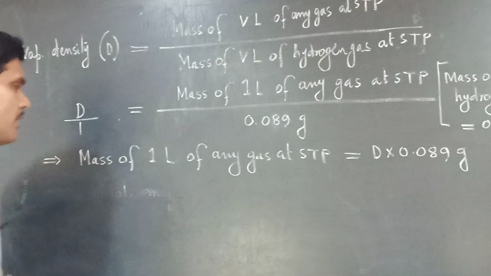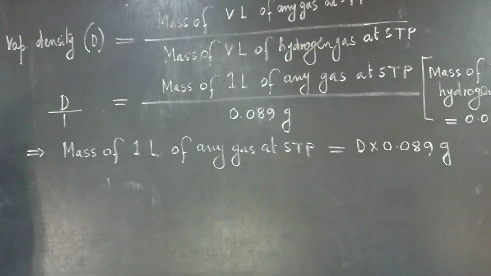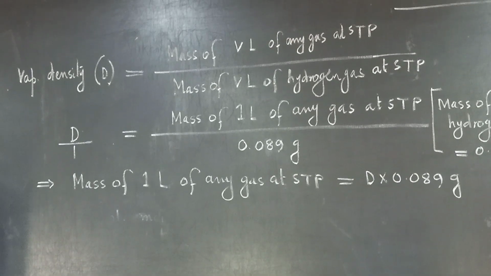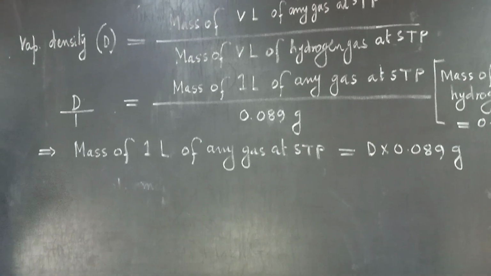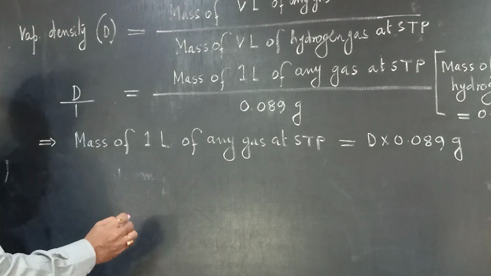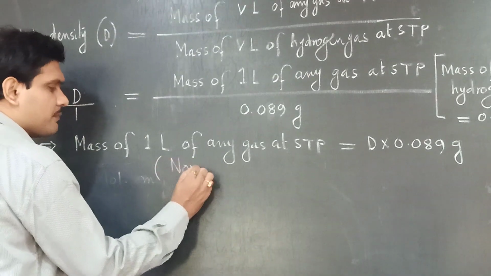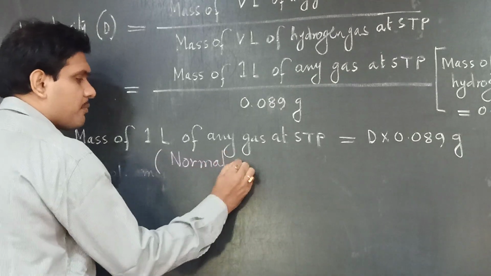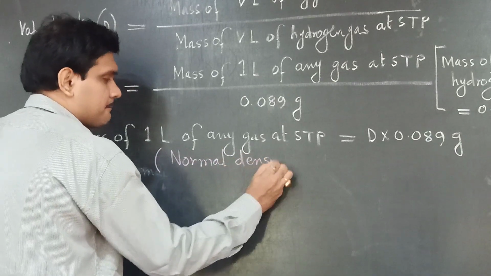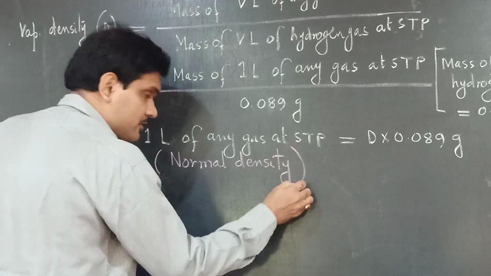Here more important questions may be set. This mass of 1 liter of any gas at STP is also called the normal density of a gas.